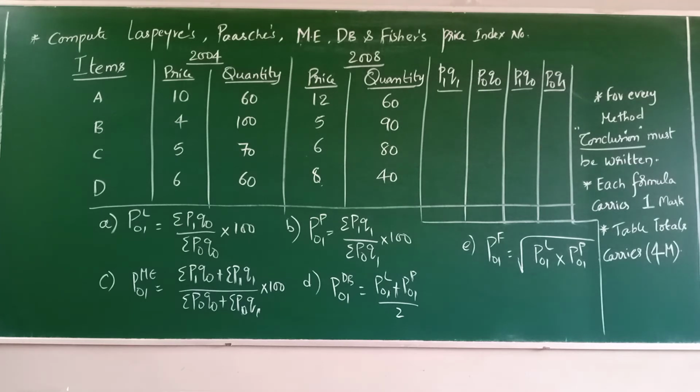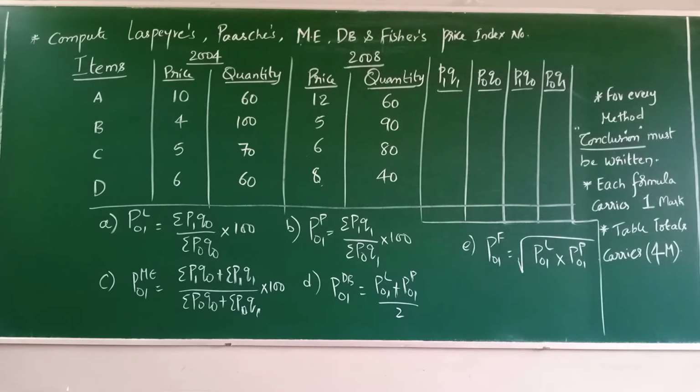Under the base year, the price should be taken as the notation capital P naught, and the quantity as Q naught. So P naught, Q naught under the base year, remember.